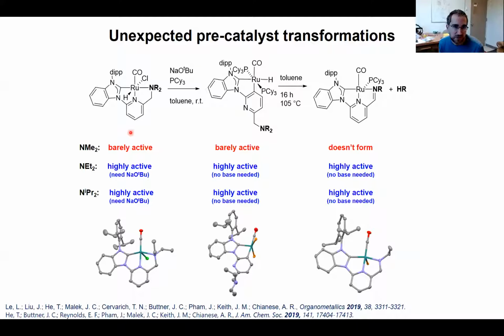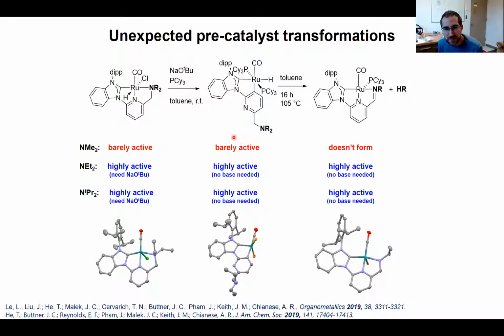If we activate with strong base in the presence of tricyclohexylphosphine, we see a surprising rollover reaction where the 2 nitrogens dechelate from the metal and the ruthenium activates a CH bond of the pyridine ring to give a CC chelated form. If we do this reaction with strong base and we don't add the PCy3 ligand, we just get a mess. It's not that the reaction doesn't happen, it's just that we can't get a clean product.